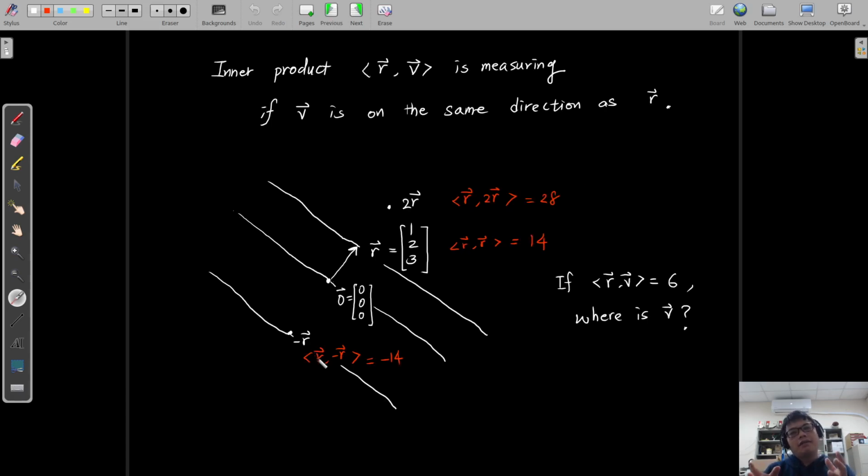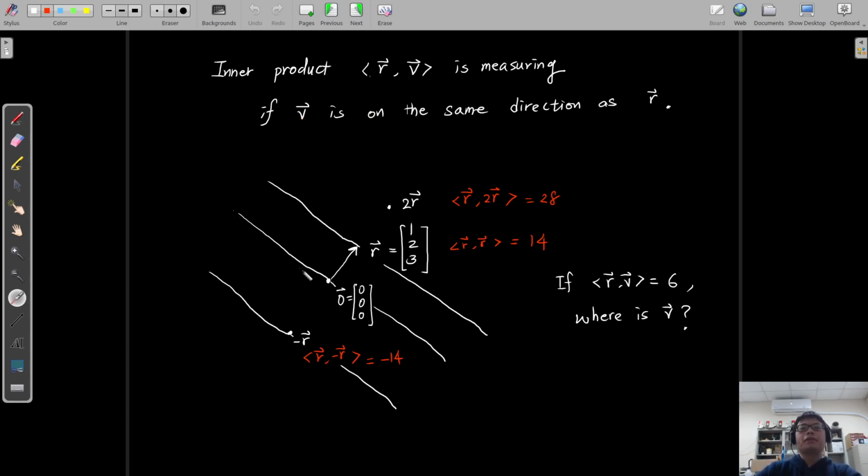And here is the feeling, or the intuition, about the inner product. Suppose I have a fixed vector r, which I draw like here, and then you can run this with a different v. Then the inner product of r and v is basically measuring how much this vector v is in the same direction as r.